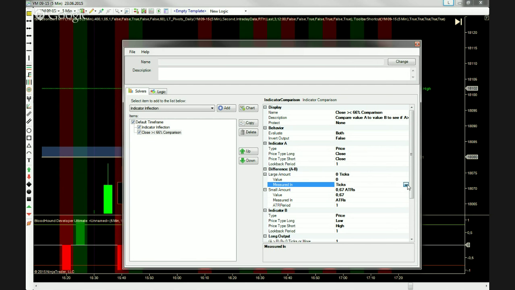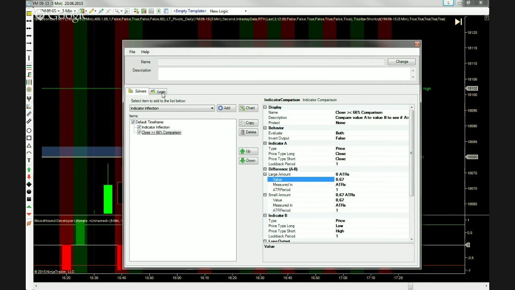So change it from ticks to ATR and go with the current bar and enter a value of 0.67.